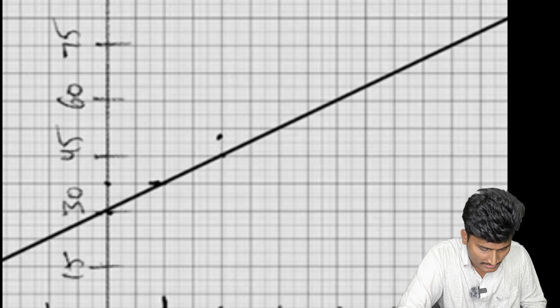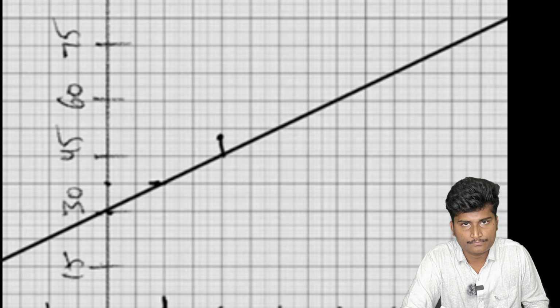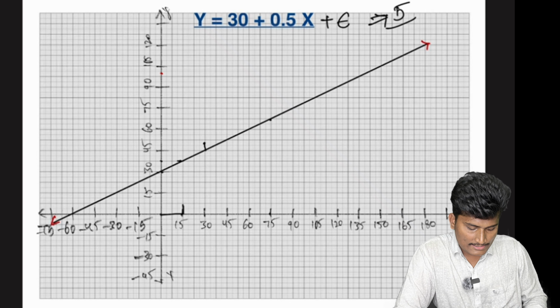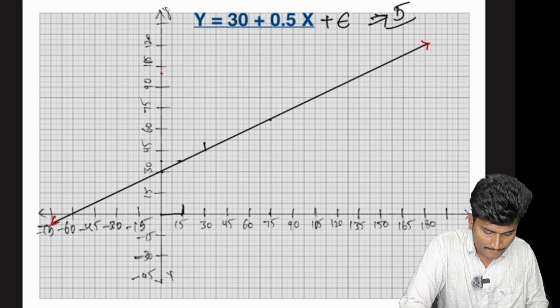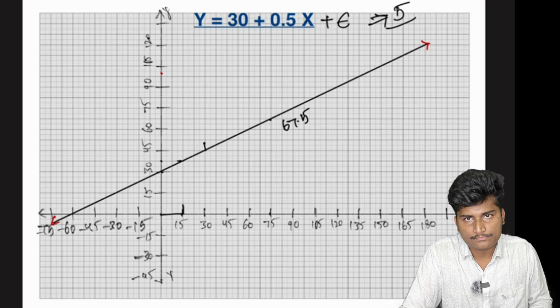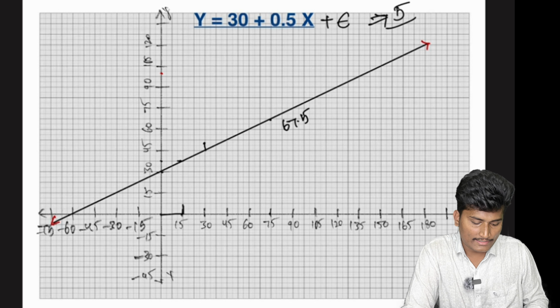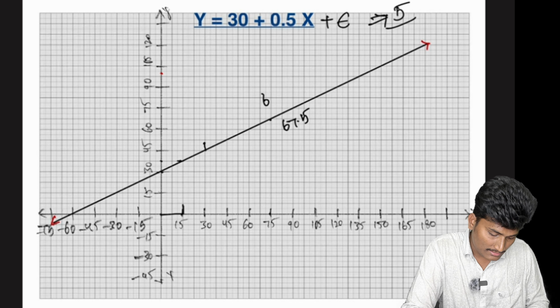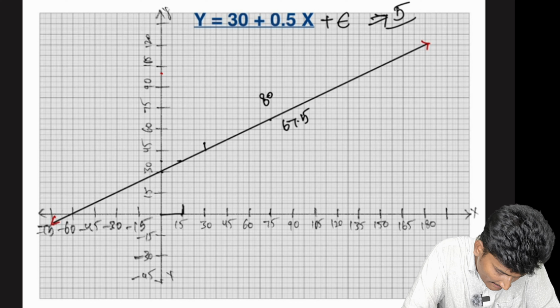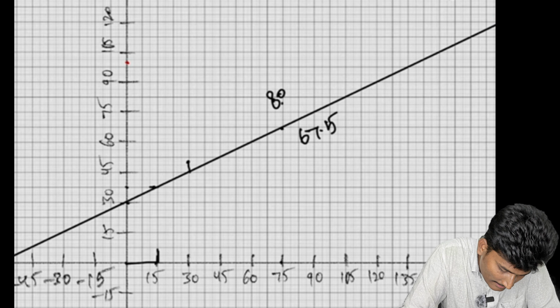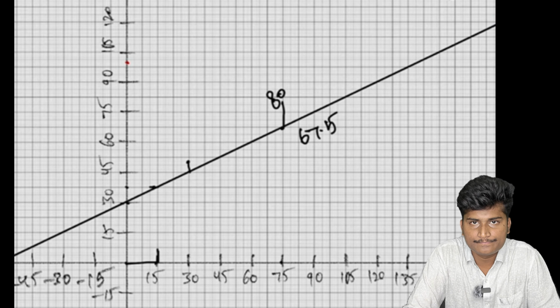I will make a point here and connect these two. Maybe another student studied for 75 hours, and as per the prediction he should have got 67.5. But here, maybe he got 80 marks. So I need to make a point at 80 and connect these two lines.